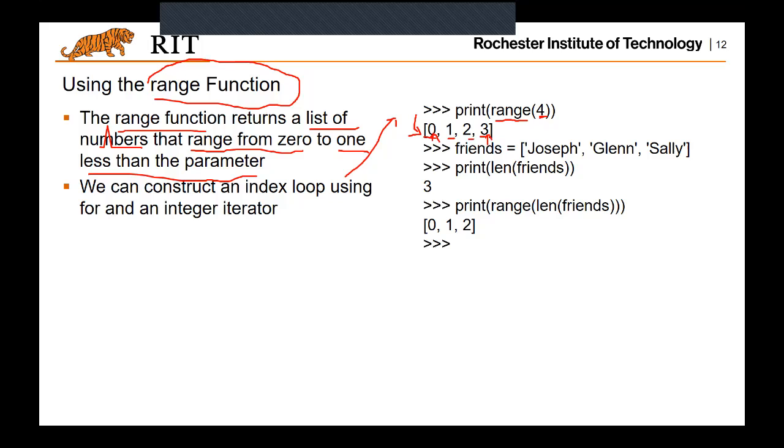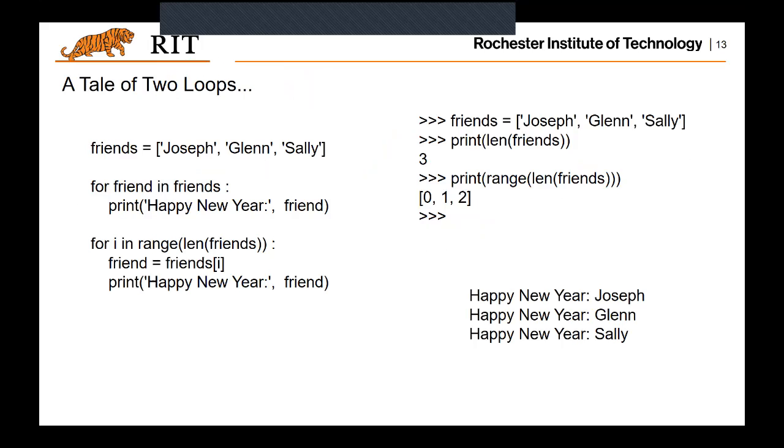So actually this range function can be used to construct an index loop using for and an integer iterator. Let's look at what it does using range. Now you have one list called friends with 3 elements, which are 3 strings.